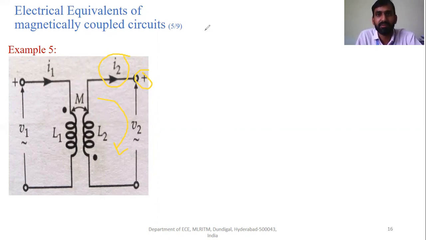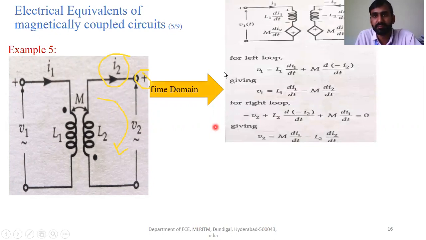So let us represent this in different domains. Let us go with the time domain. In the time domain equation, you can check it out, the M term here is positive.